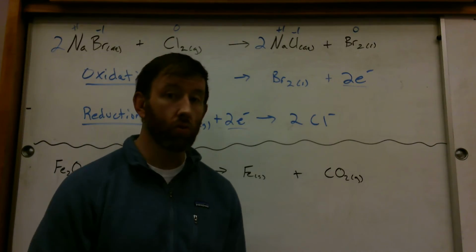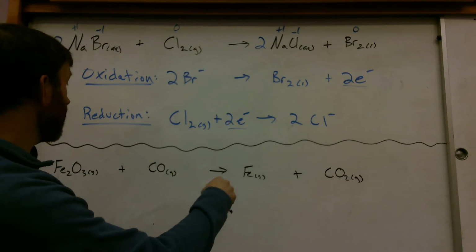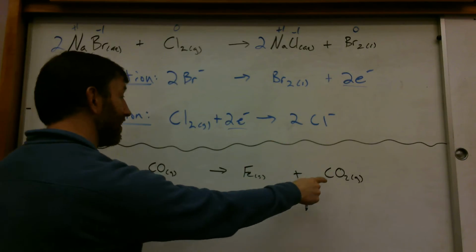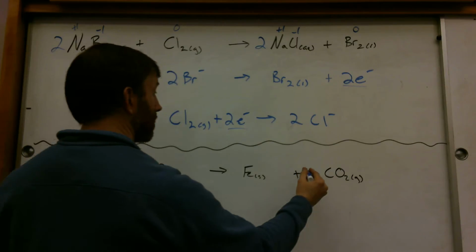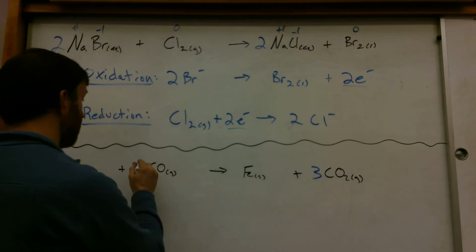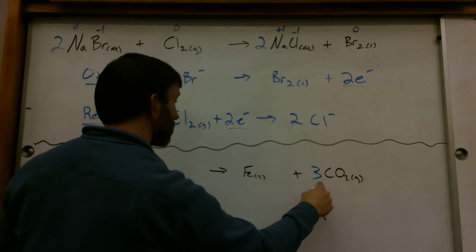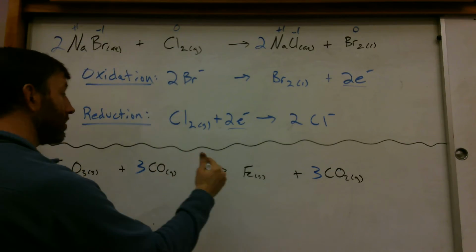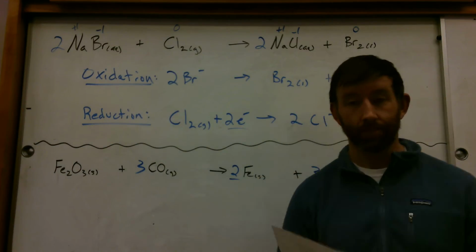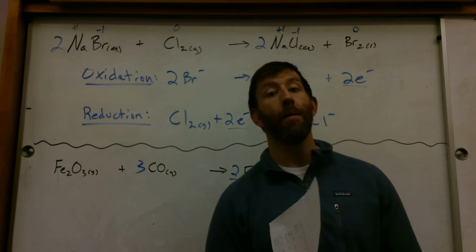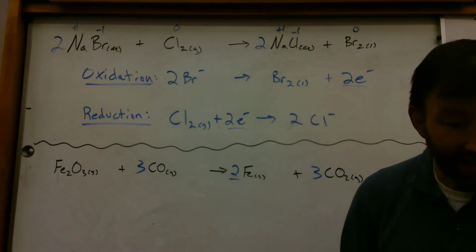If we go through and do our balancing, I see I've got 4 oxygens on this side, 2 on that side. So I'm going to have to make this a 3 and this a 3, right? That gives me 6 oxygens, 3 carbons, 2 irons. I'm going to need a 2 there. Balanced. Okay? And again, I'm assuming you know how to do that by now. All right, but anyways, so that is now balanced.